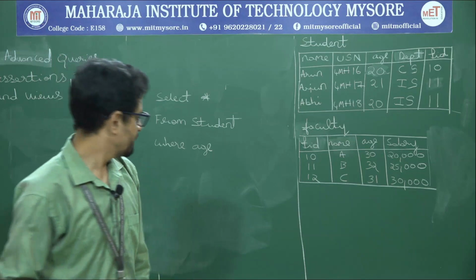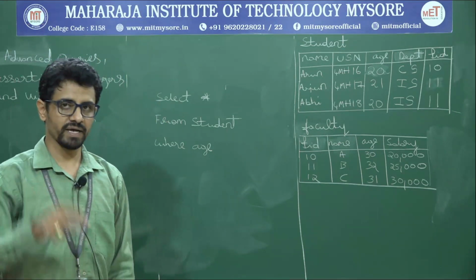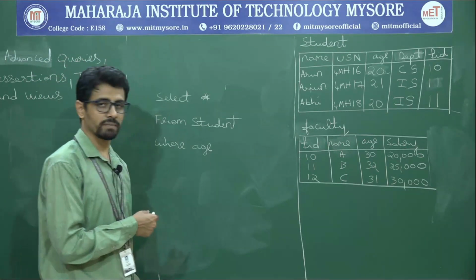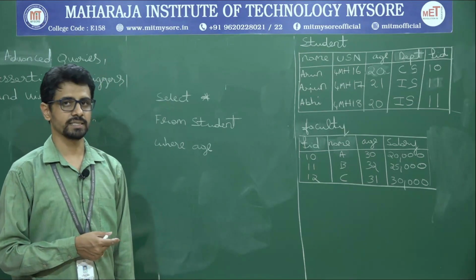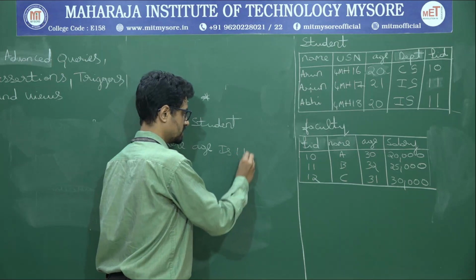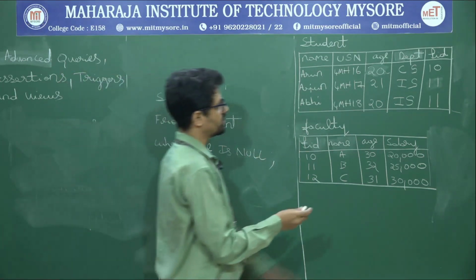Okay, can we do it with where age equal to null? To verify this, we have another way in SQL programming, that is by using the operators IS NULL and IS NOT NULL. So where age is null, if you give that, automatically any one that is null here will be returned.